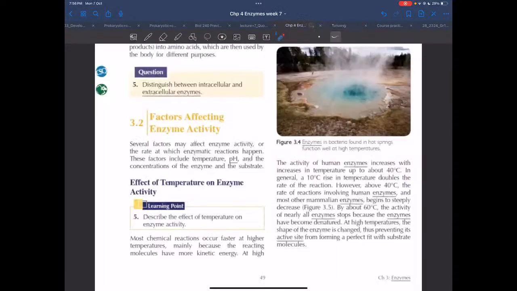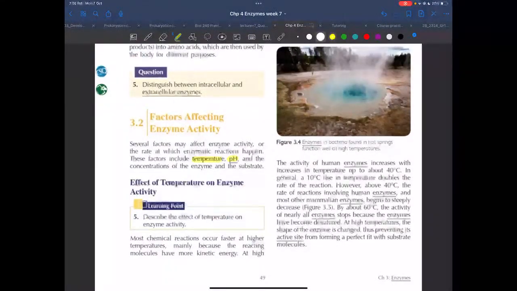Now we're going to be looking at it. Why? So what are the factors that affect enzyme activity? So we have those factors. I need you guys to know those factors: temperature, pH, the concentration of the enzyme, and the concentration of the substrate.